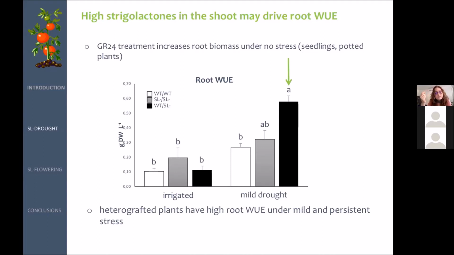And then as the first flower appeared on the first plant, they were let recover and freely reproduce. And what we observed was something consistent with the idea that resources in excess strigolactones would go to the roots, because we had this significant difference that is highlighted in the graph.